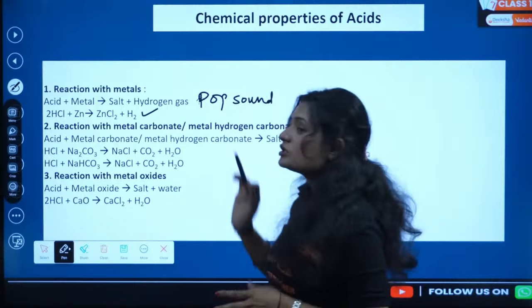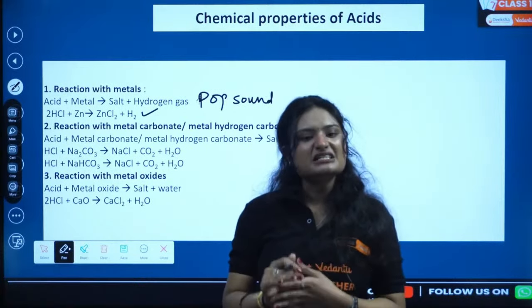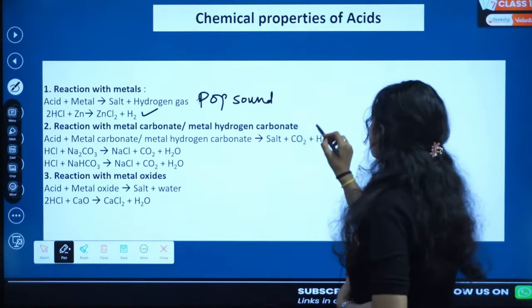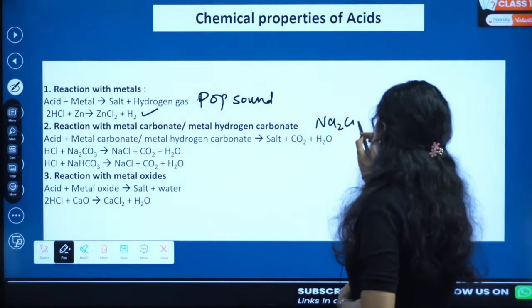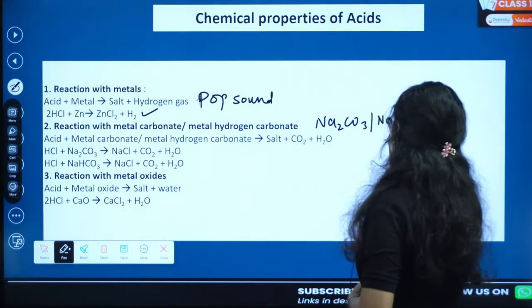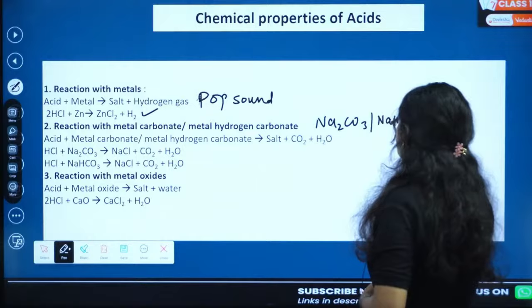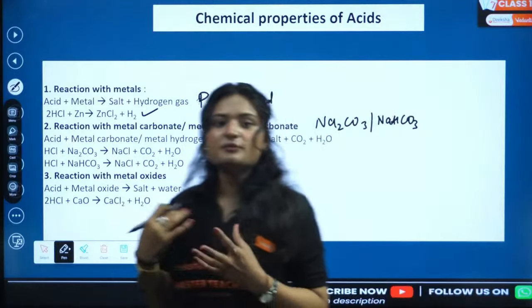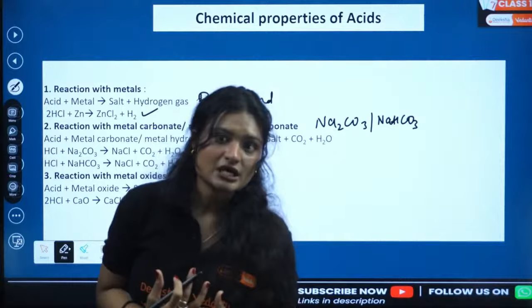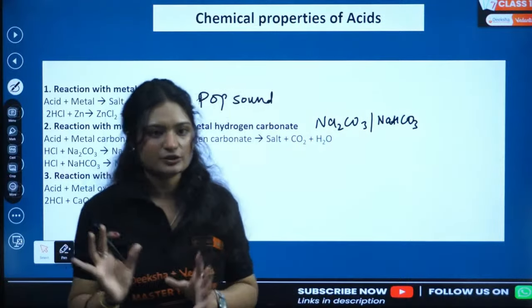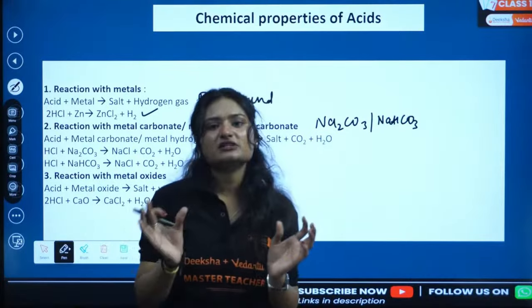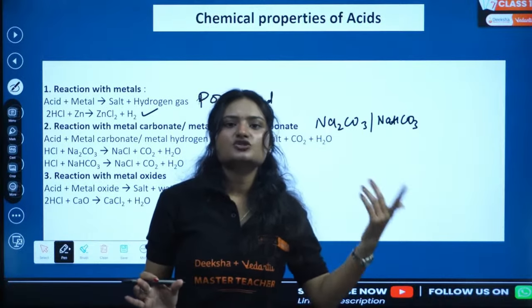Now, acids also react with metal carbonates or metal hydrogen carbonates. An example of a metal carbonate is Na2CO3 and of a metal hydrogen carbonate is NaHCO3. So when an acid reacts with a base, we will always get salt.